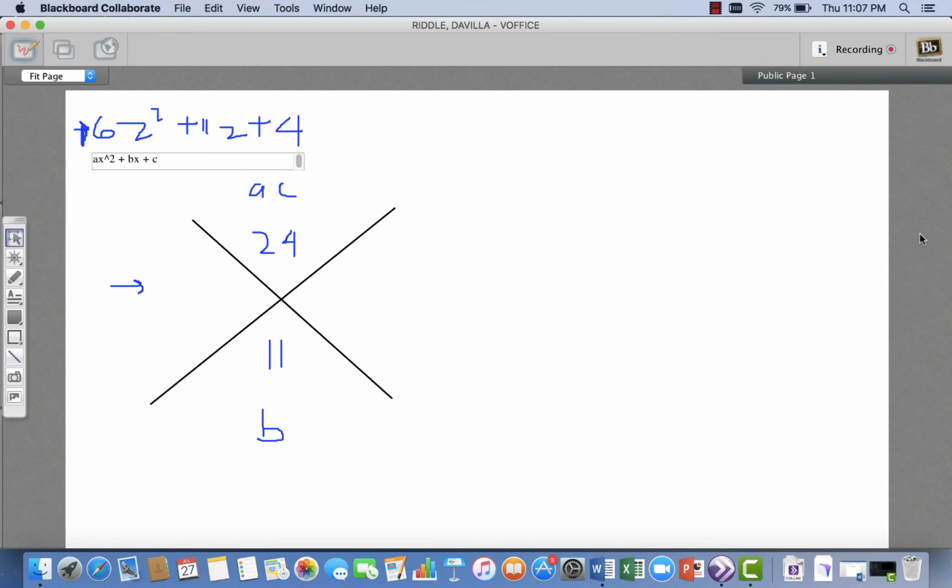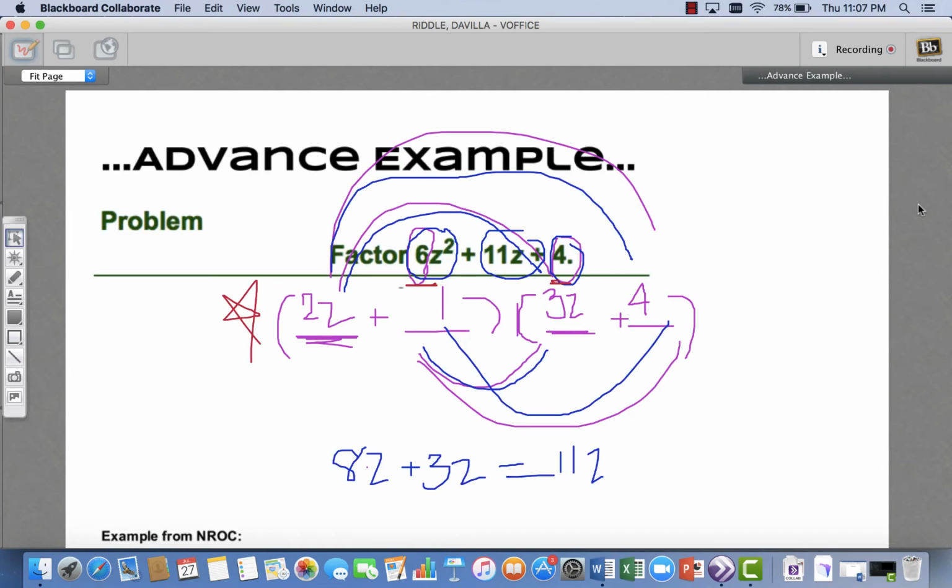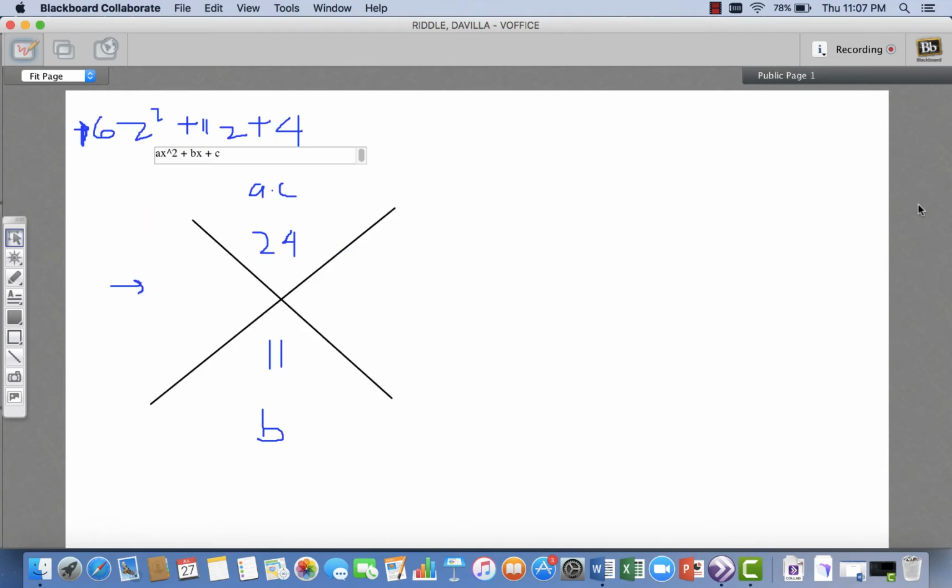So the first thing that you do is you always have an AC, or A times C, at the top, which would be 6 times 4, which equals 24. And then you also have to take into account if it's negative or positive. So because both of these in the original problem are positive numbers, you're good, you just multiply it as it is. And then in the bottom number right here, you would go with the B value. So does that make sense so far?